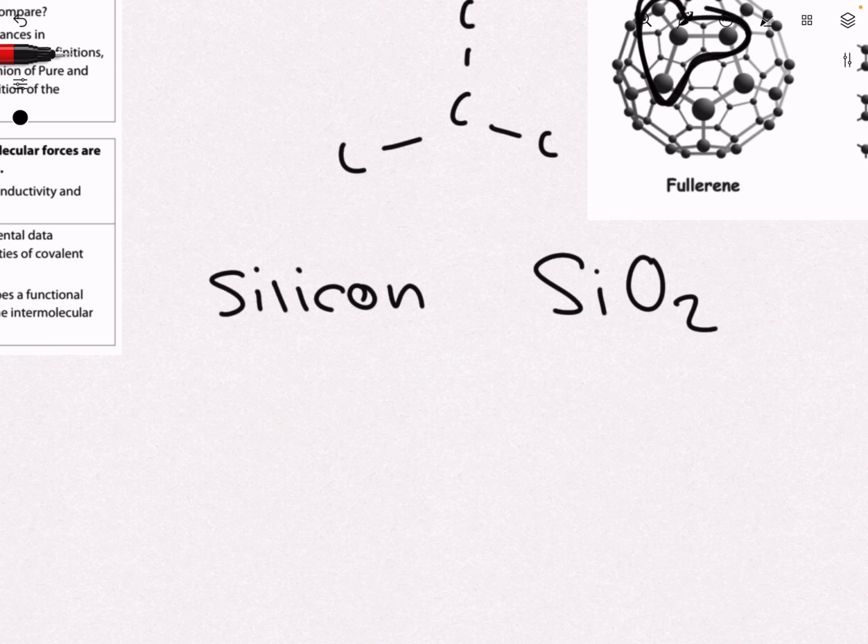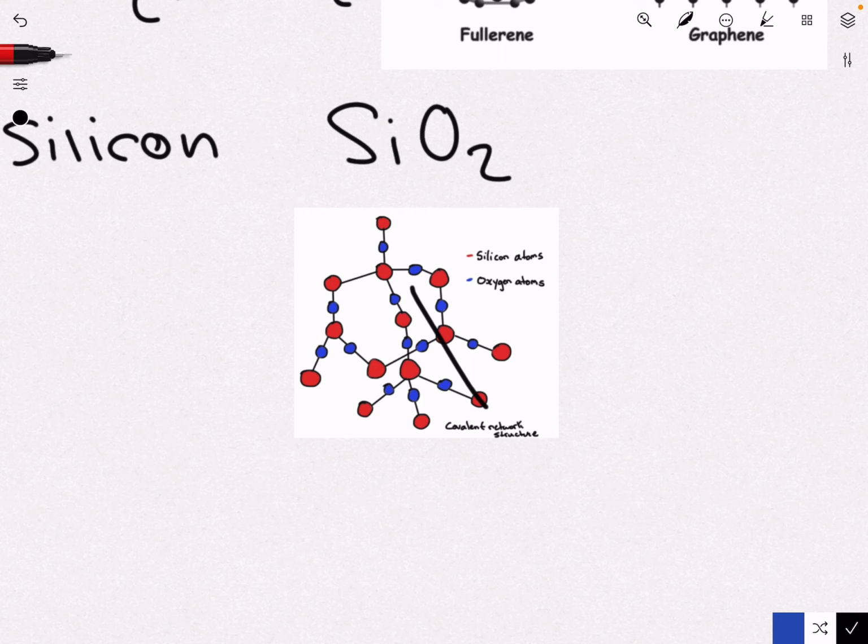And let's just insert an image to demonstrate what these would look like. So this here is what silicon dioxide would look like. As we can see, we have our tetrahedral structure, just that between our silicons we have oxygen atoms, and this would be the same for silicon, except that we would just remove these oxygen atoms over here.